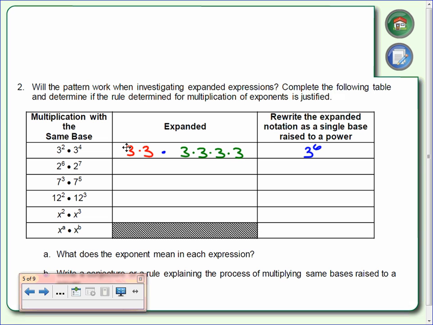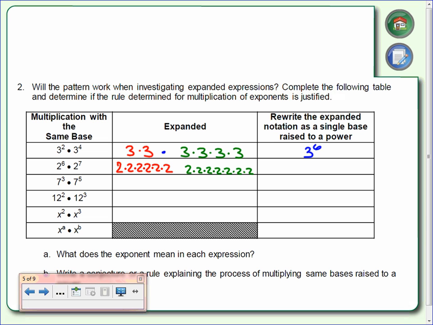Look at another one. 2 to the 6th power means 2 times 2 times 2 times 2 times 2 times 2. 1, 2, 3, 4, 5, 6. 2 to the 7th power means 1, 2, 3, 4, 5, 6, 7.